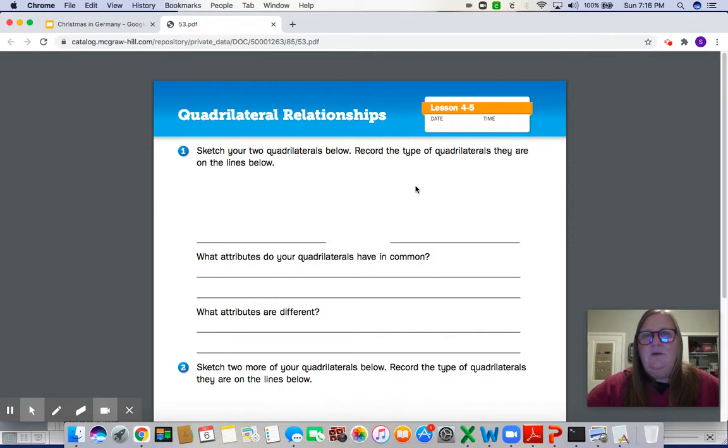We also know that they have right angles. What would be different would be that the square has four equal sides, and the rectangle has two sets of sides that are equal. So the short sides are equal to each other and the long sides are equal to each other.